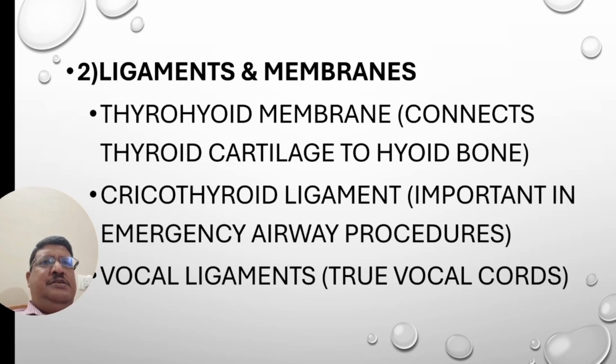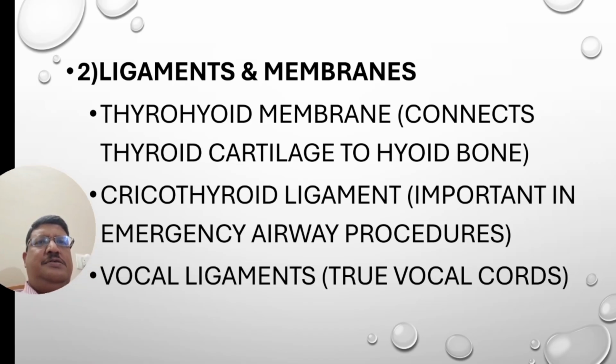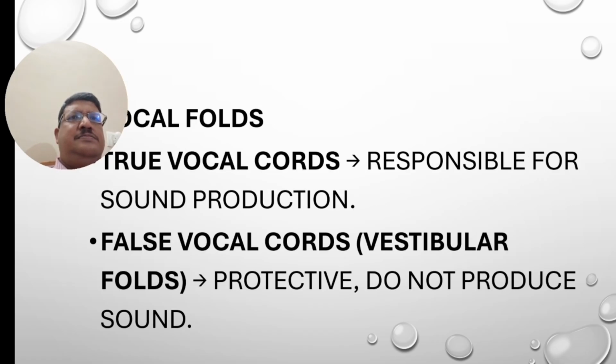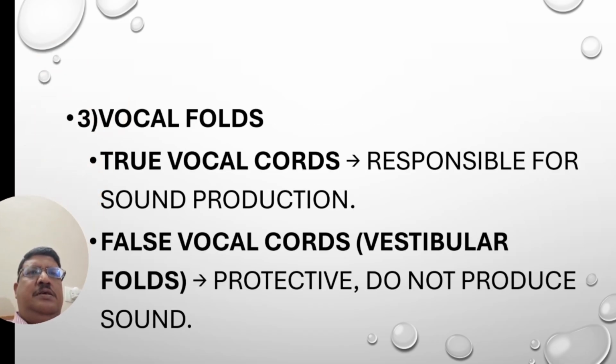Cricoid ligaments are important in emergency airway procedures. Vocal ligaments: two vocal cords. Vocal folds, the two vocal cords, are responsible for sound production. False vocal cords, the vestibular folds, are protective and do not produce sound.